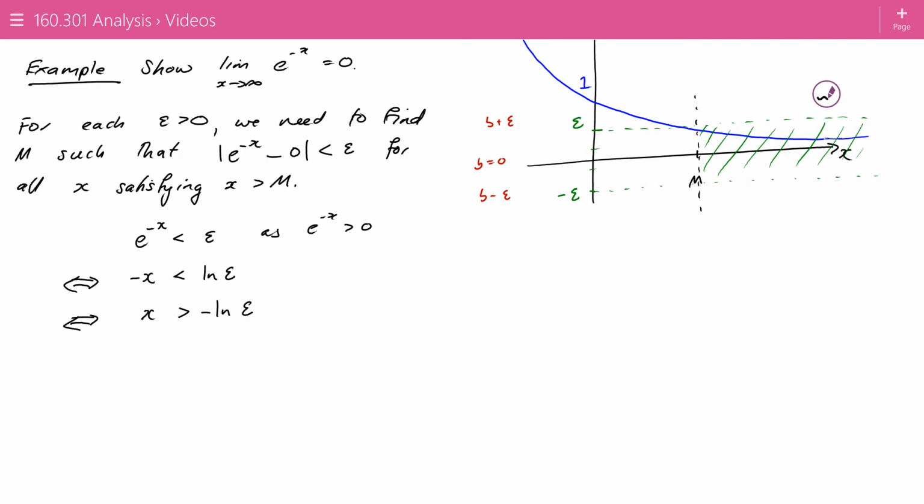Okay, and so now what we've found is that our function being less than epsilon, as we require, is equivalent to saying that x is greater than negative log of epsilon. Remember epsilon is a specified positive number, so we're allowed to do that. So negative log of epsilon is a suitable choice for our m.